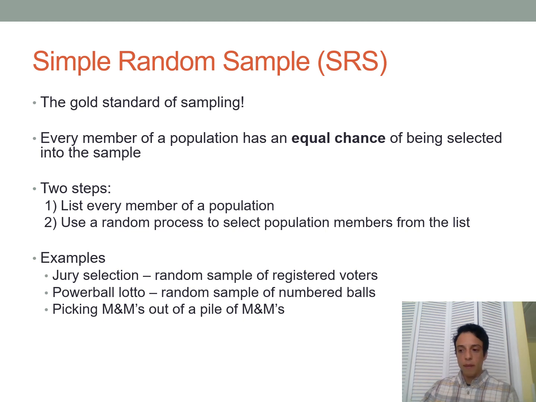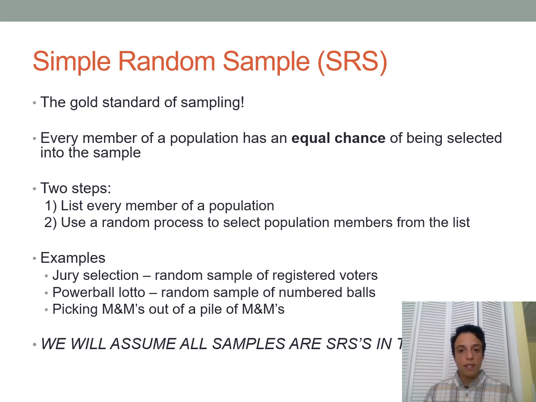And when you picked out M&Ms and recorded colors of different M&Ms, you could have created a sample out of that population. Or if you picked out, say, 3 M&Ms out of your bag, recorded the color for each one, you'd be creating a sample of M&Ms using simple random sampling, where you have all possible M&Ms there. Each one had an equal chance of being selected when you picked it out of the bag, and then you were recording those outcomes.